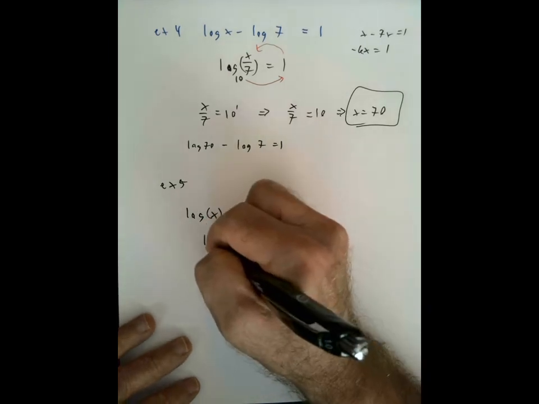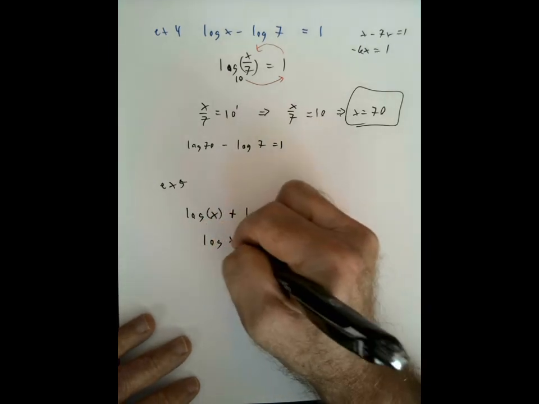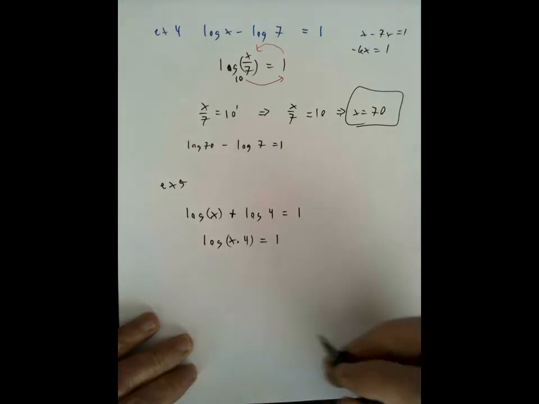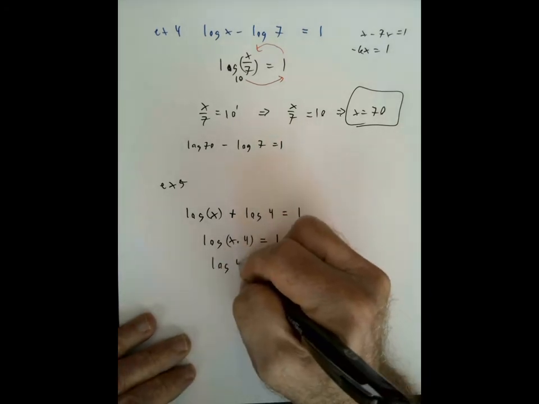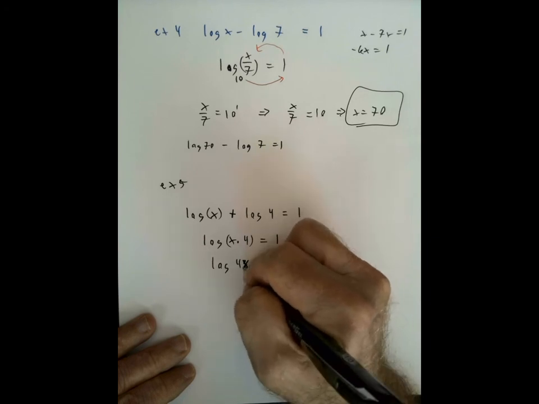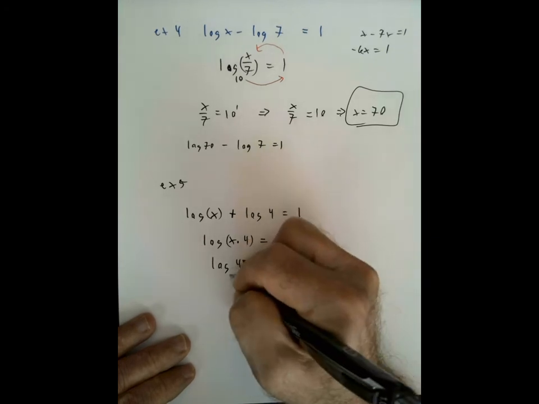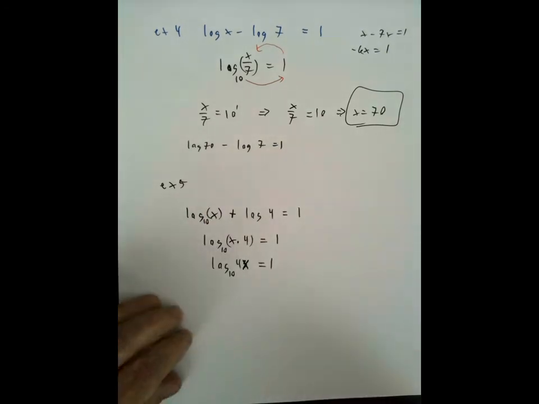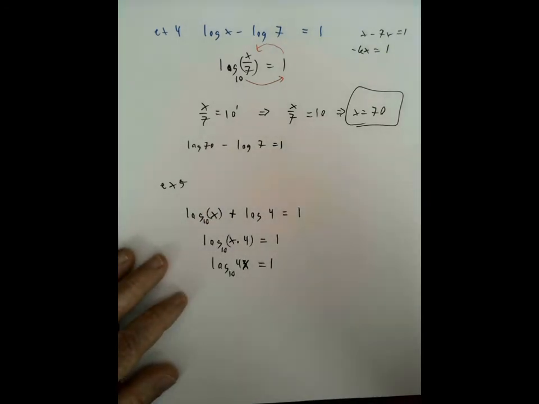So this becomes log of x times 4 is equal to 1, or log of 4x is equal to 1. And again, that was log base 10 here because I didn't bother writing it. If you don't see a base, just assume it's 10.